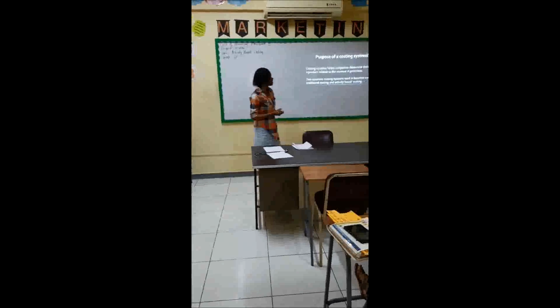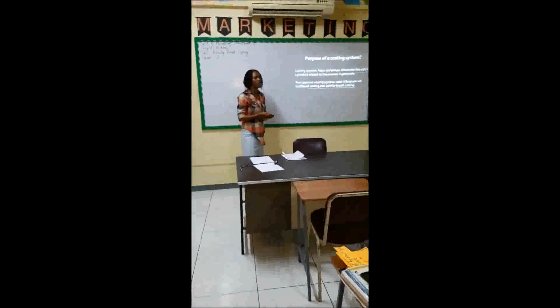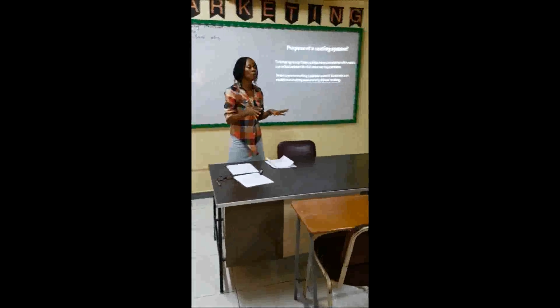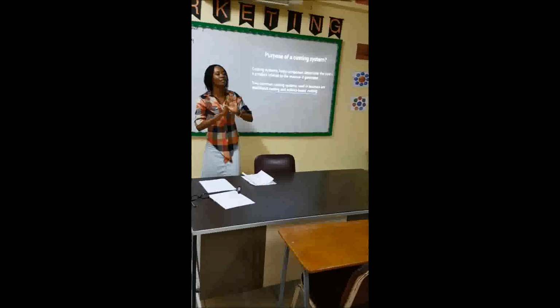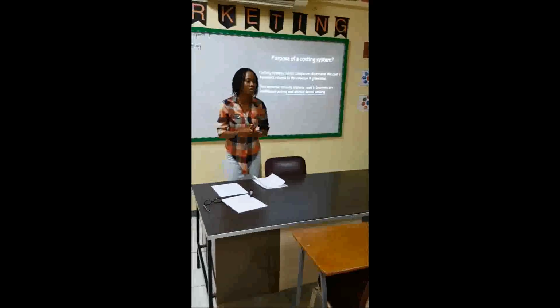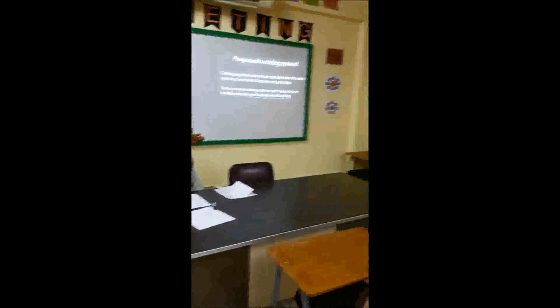Now, Mr. Clint, what is traditional costing? What do you think it is? In your own words. We don't have a foolish answer, just anything that comes to mind. Traditional costing is a method of calculating the cost of products using an average method.